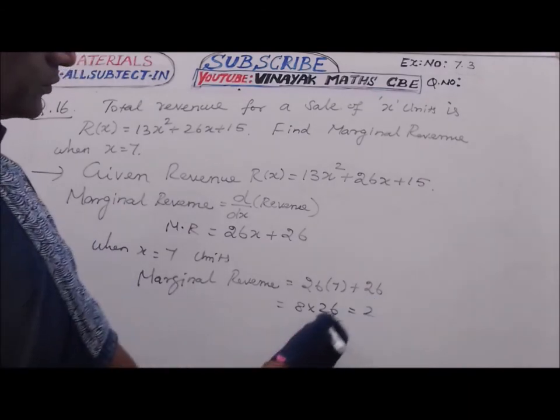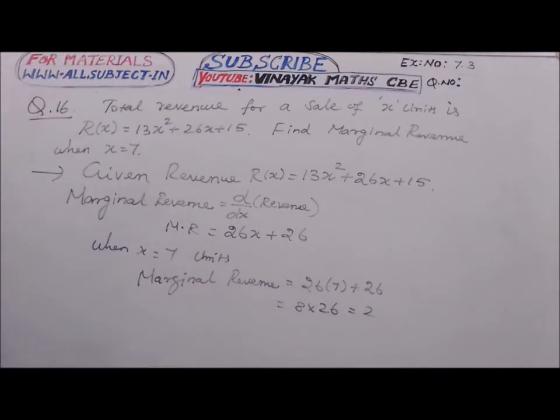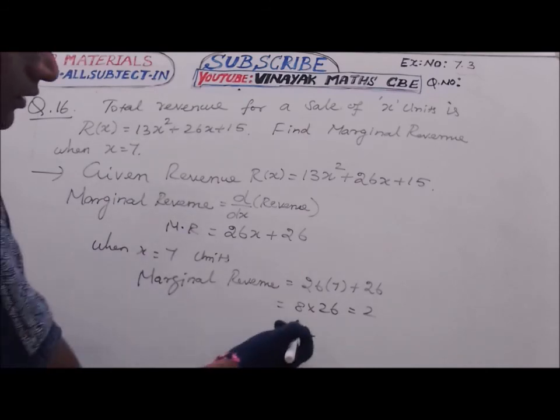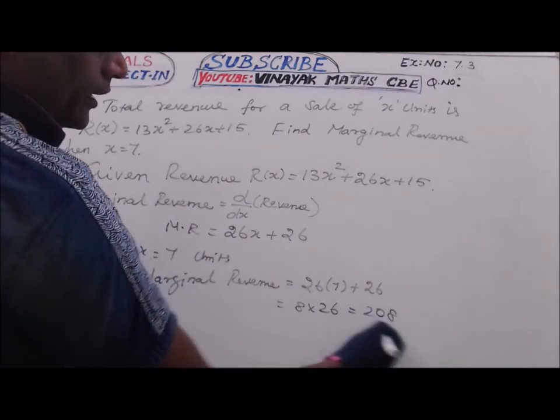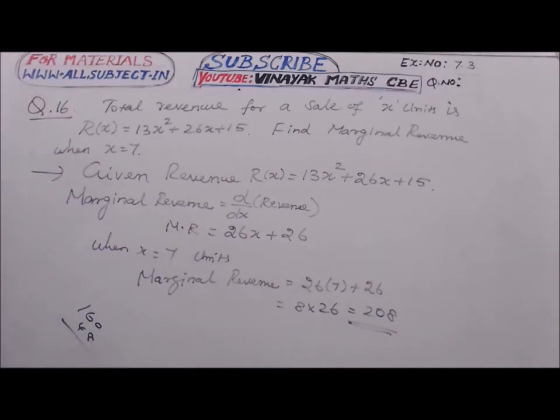Now 8 into 26 is 208. This is the marginal revenue for x is equal to 7 units.